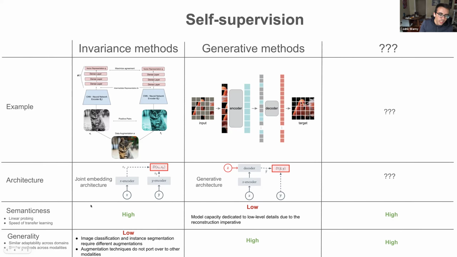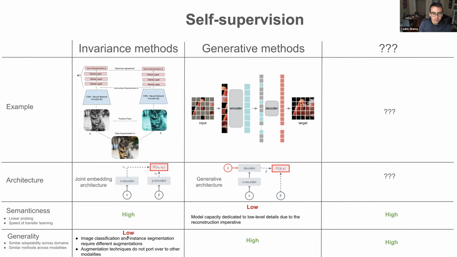So you may have good semanticness or high-level representation for a specific domain, but having high-level representation across multiple domains, that's what I mean by generality. And the other criterion for generality is that you can use similar methods across modalities.